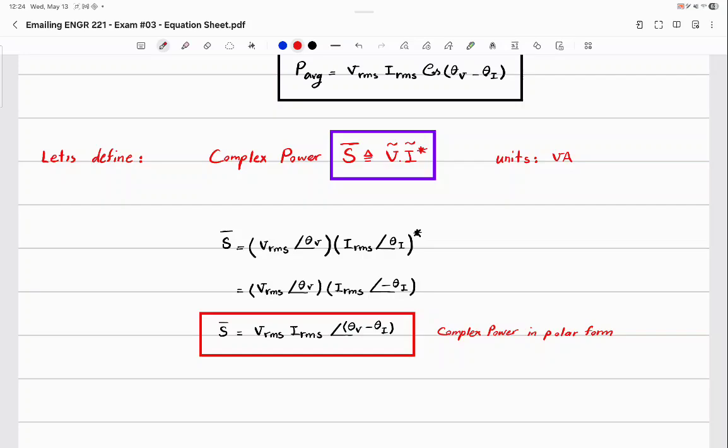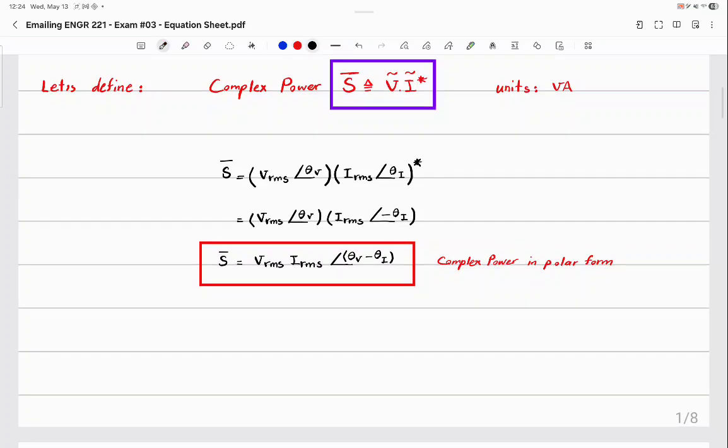Bonus point. If someone tells me how to change this from polar form into rectangular form. Yes? Tell me what to write. You put V RMS times I RMS cosine of theta V minus theta I.